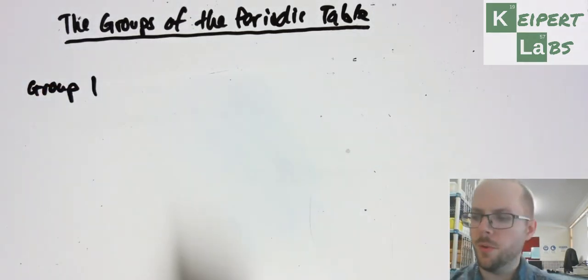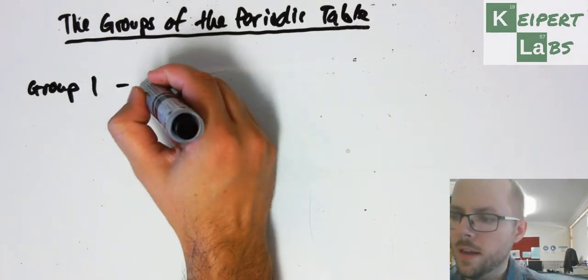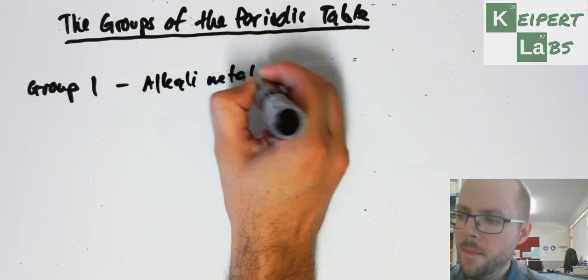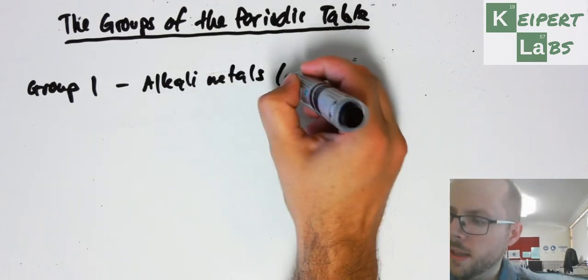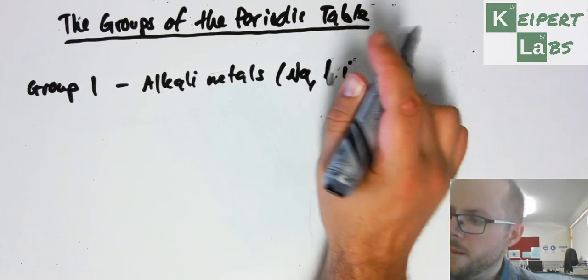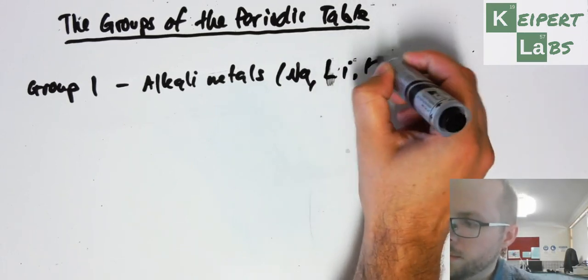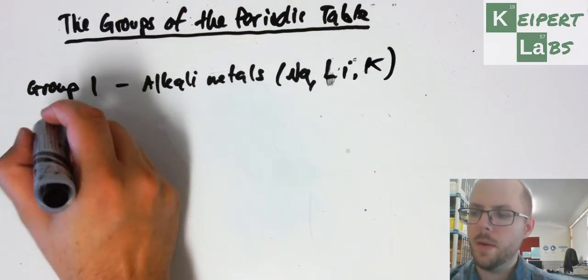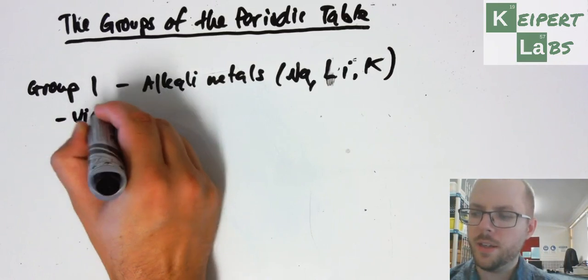Group 1 is known as the alkali metals. We're talking about examples like sodium, lithium, and potassium. They're violently reactive.